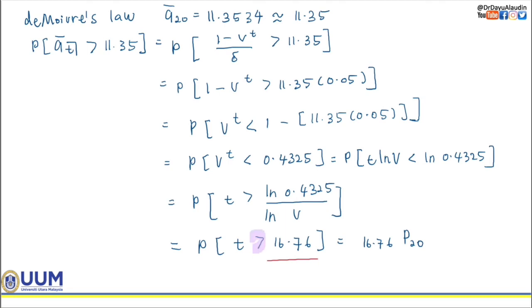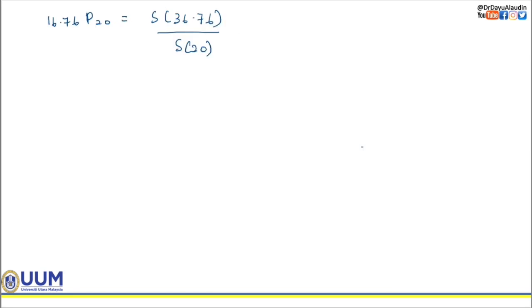This symbol is for surviving, so the greater sign is for the probability of survival. Meaning that T is equal to 16.76, p 20, because the current age is 20. And then we find 16.76 p 20. This is when we use survivor notation, S(x plus T) over S(x).